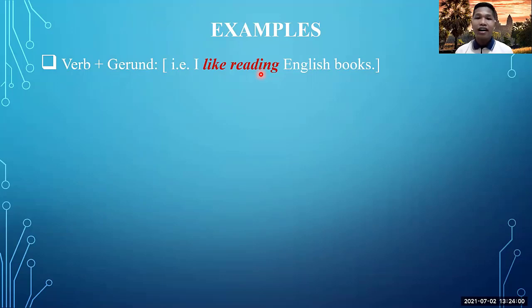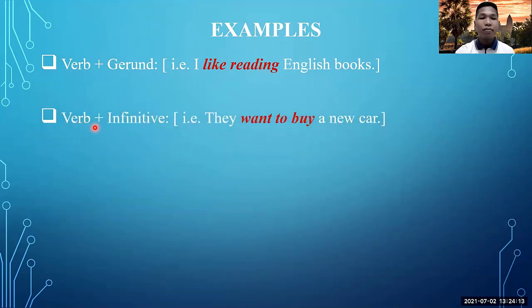We can say I like swimming. That's also another verb form, like swimming. So it is the verb pattern as well, verb plus gerund. Another one is verb plus infinitive. So infinitive, as you can see here, to buy.